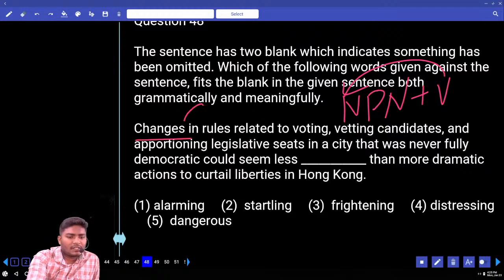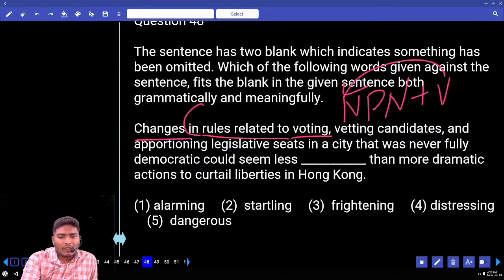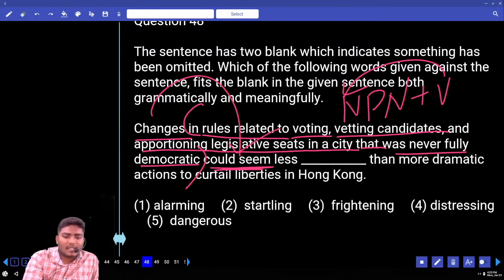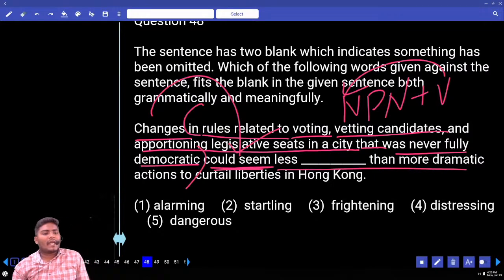Now, changes what? Changes in rules which are related to voting, vetting candidates, and apportioning legislative seats in a city that was never fully democratic could seem less. Can you tell me the verb form now? This could seem less. Now, changes could seem less dash than more dramatic actions to curtail liberties in Hong Kong.